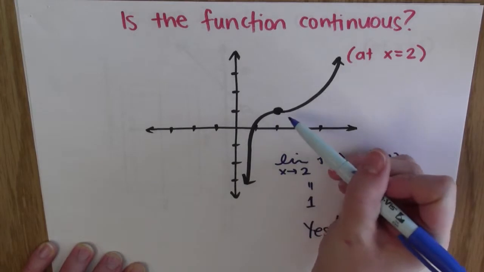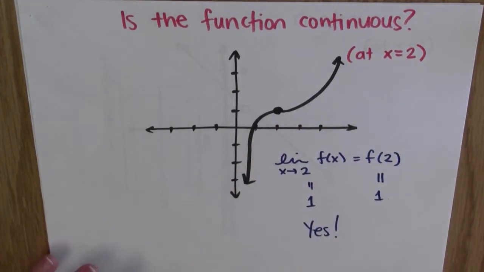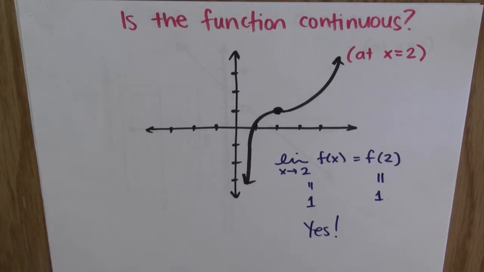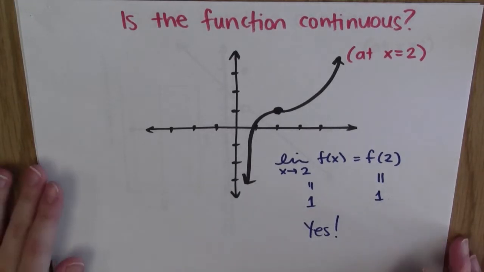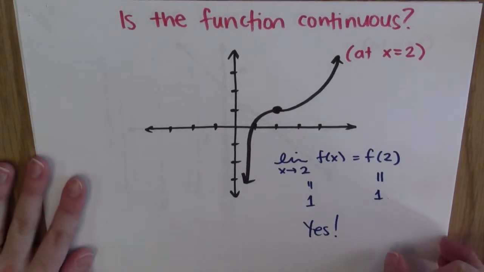And so I have this nice smooth line that I can draw without picking up my pencil. So my guess would be that yes, the function is continuous at all those other points. I would have to actually calculate the limits and make sure that they work out if I was checking to see that the function was continuous at every point. But the graph seems to indicate that everything is good.